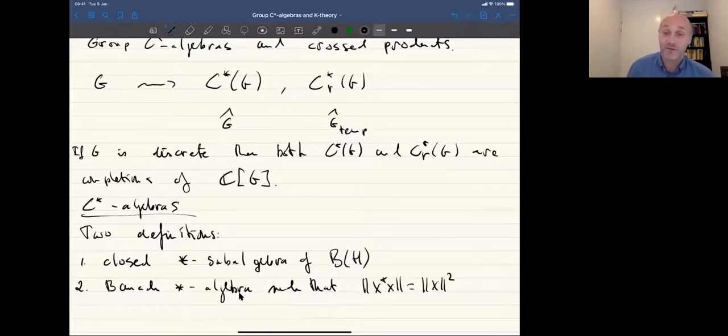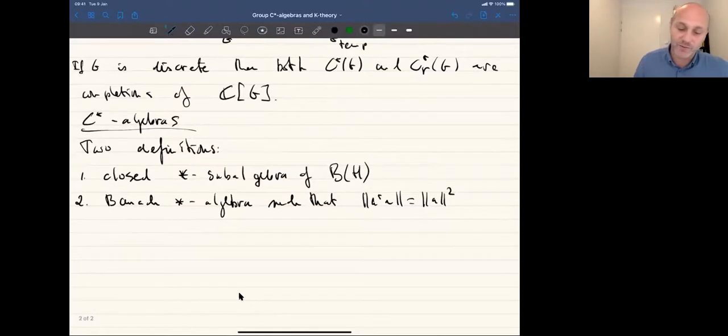B of H, the algebra of bounded operators on a Hilbert space, maybe I want to actually not call this X, but to call it A. The algebra of bounded operators on a Hilbert space, this identity is satisfied, but it's special because it ties the norm to the spectrum.